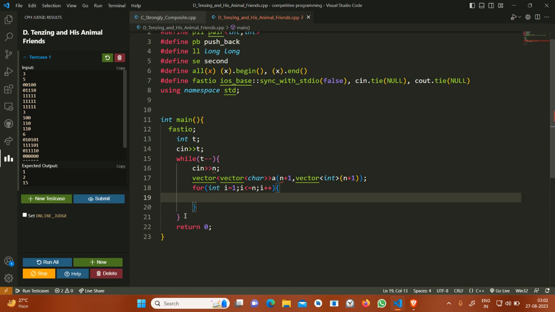So there would be no requirement of checking whether the index is greater than zero or not. That you will feel once I code it.